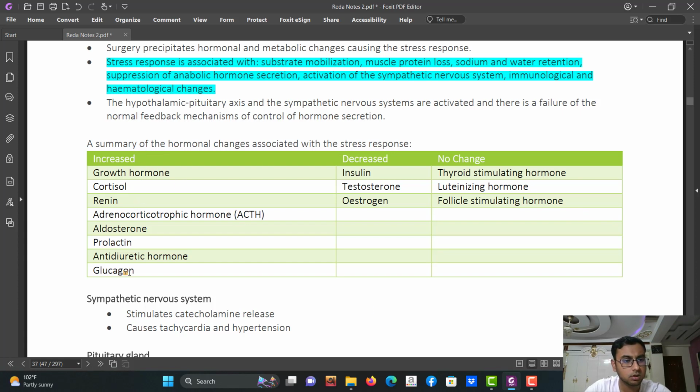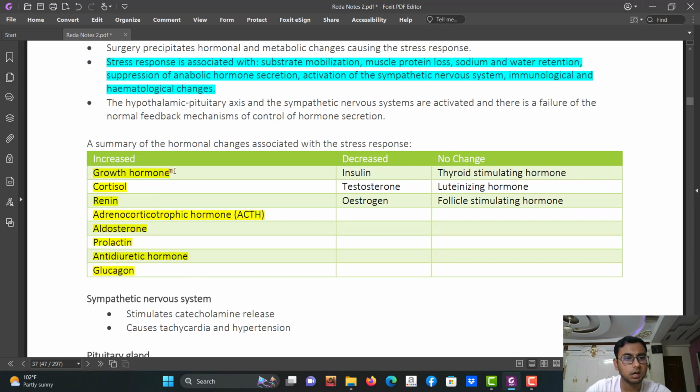The hormones increased during stress are growth hormone, then cortisol, that is the stress hormone, and renin, from the renal system, which increases blood pressure. These hormones come from the liver and are activated in the kidney. Then ACTH, adrenocorticotropic hormone, aldosterone, prolactin, antidiuretic hormone, and glucagon. These hormones are increased during stress.